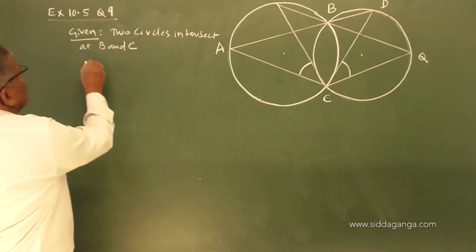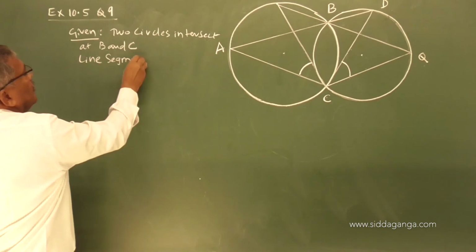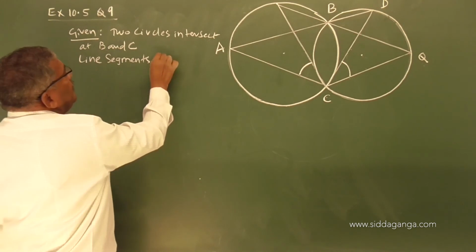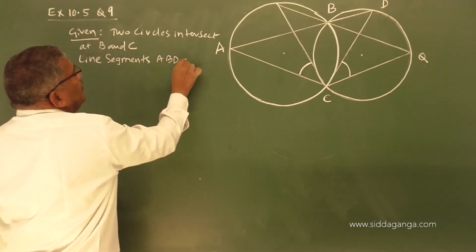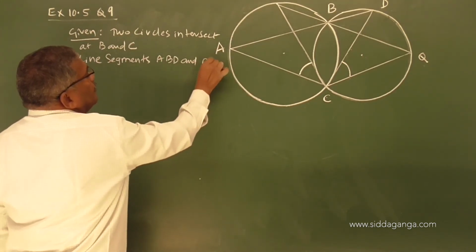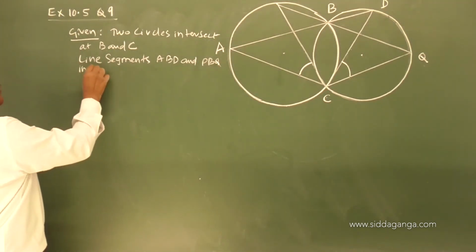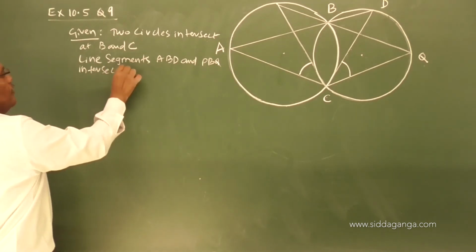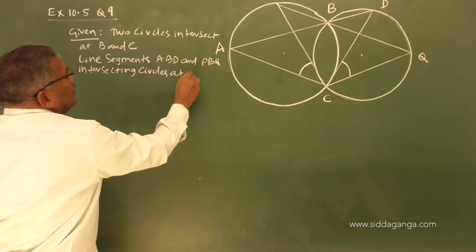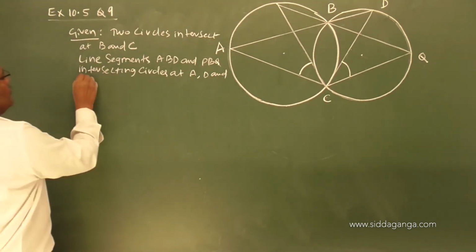So line segments ABD and PBQ intersect the circles at A, D and P, Q respectively.